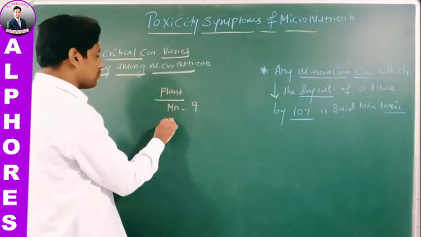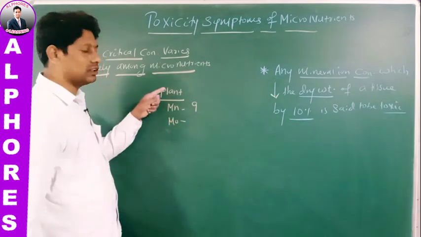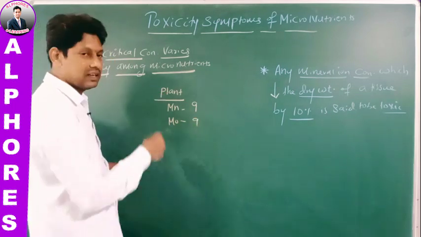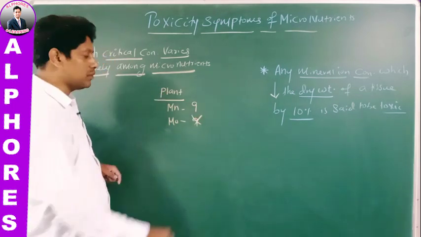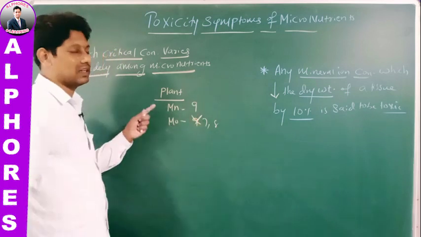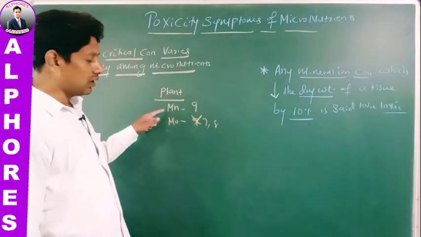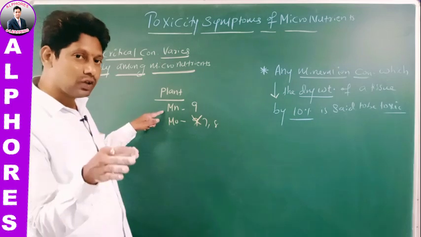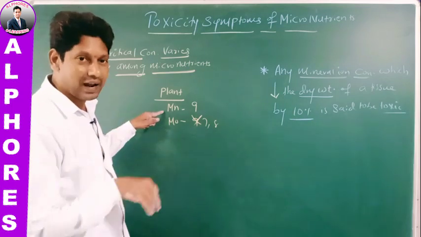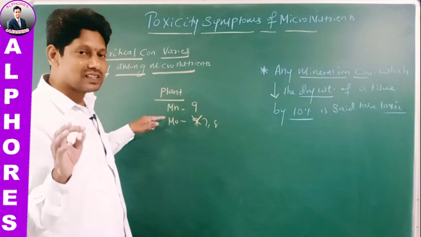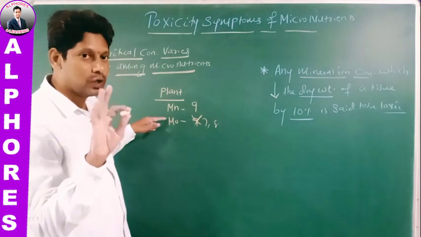Does it mean that molybdenum is also toxic to this plant at a concentration of 9? No. It may be at 7 or 8, but not at 9. Is this statement okay? Therefore, at the concentration at which one micronutrient becomes toxic to a plant, another micronutrient won't be toxic.